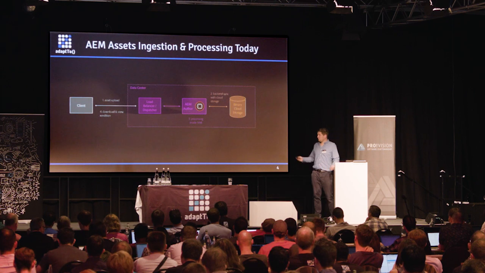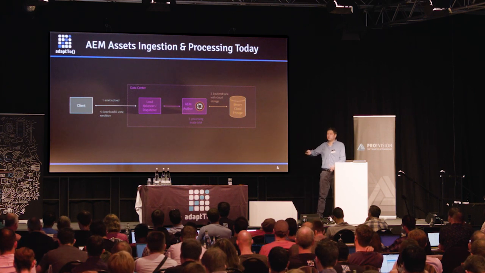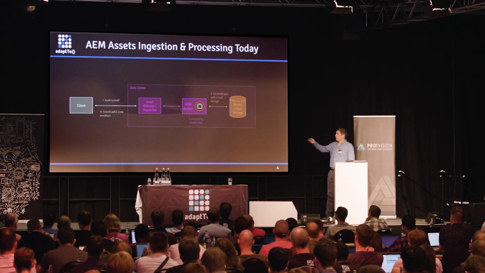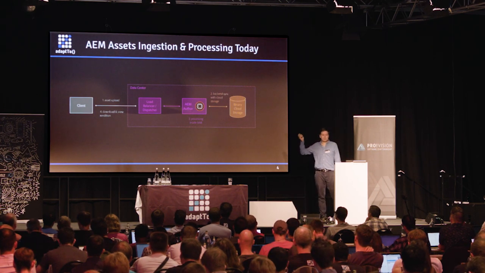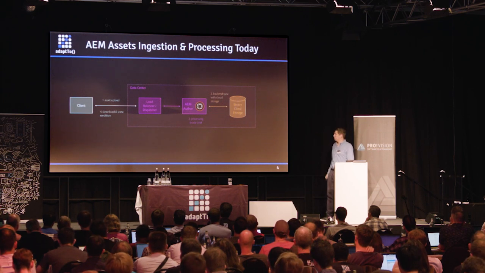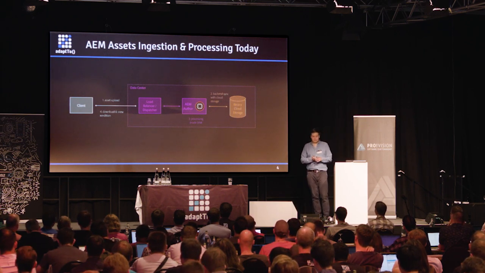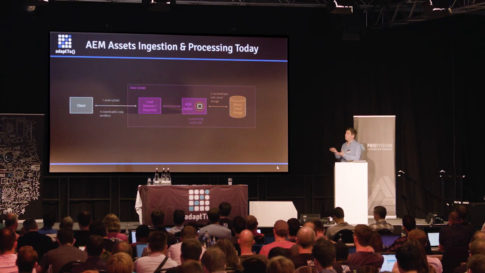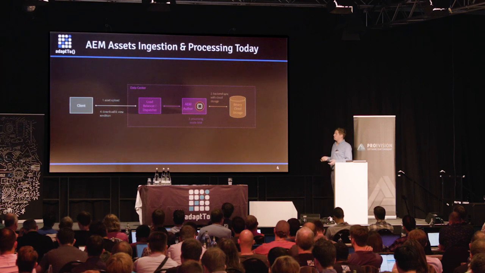And nowadays, we often have S3 or Azure blob storage as the store for the binary in the backend. And so when the binaries are getting uploaded or downloaded, they go through all these instances. They go through the dispatcher, they go through the AEM, and then in the backend, they're synced back up to S3, for example.